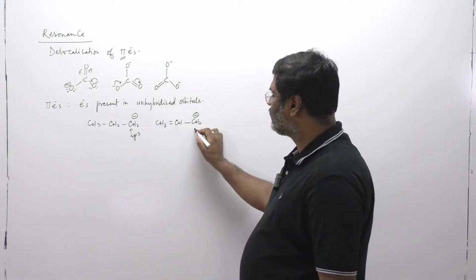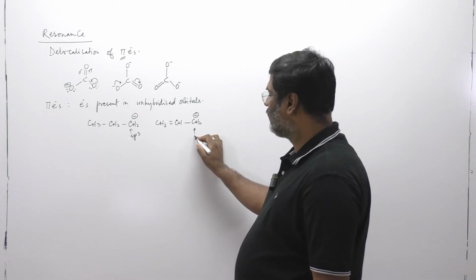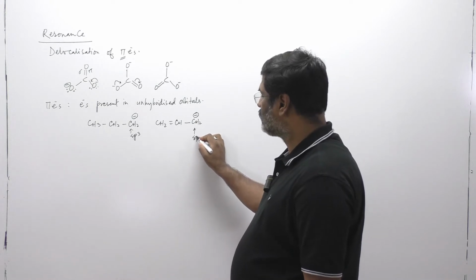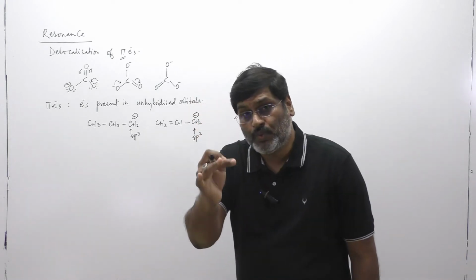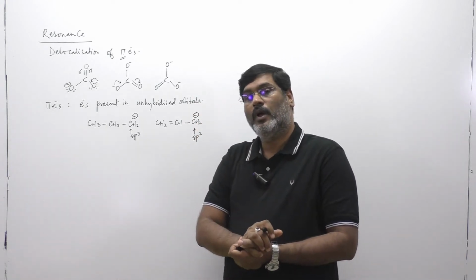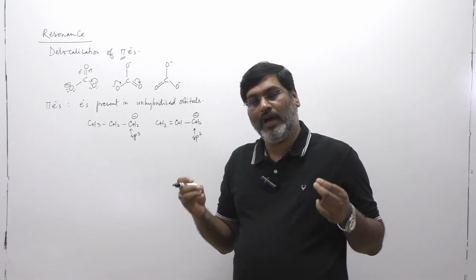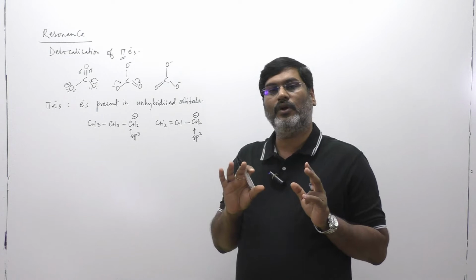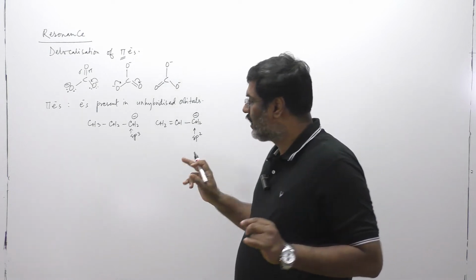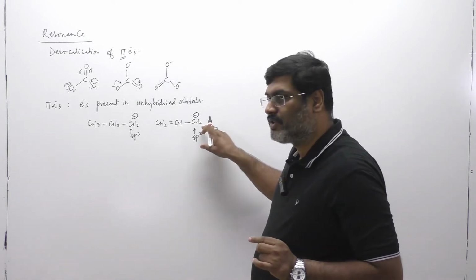What is its hybridization? Its hybridization is not sp3. Its hybridization is sp2. Whatever rules you have learned to predict hybridization will not help you to predict the hybridization of this carbon atom.